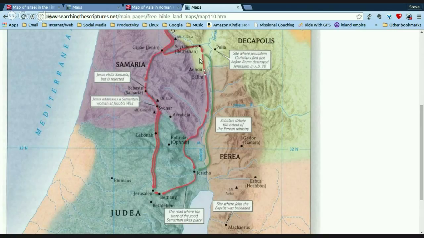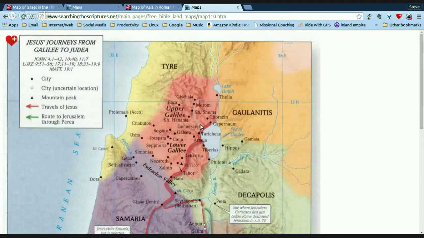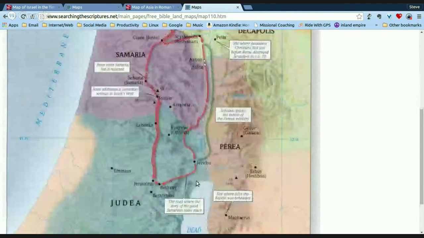His ministry goes between Jerusalem and Galilee. And then he travels north to Caesarea Philippi, where you have the testimony of Peter. You are the Christ, the Son of the living God. And once that happens, they begin his descent again into Jerusalem to be crucified.